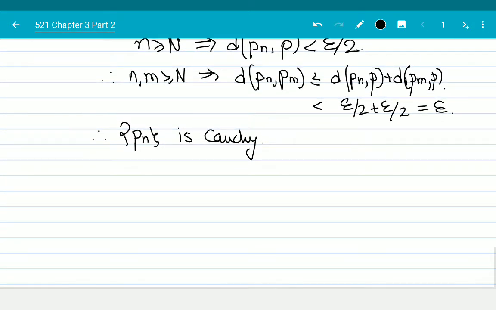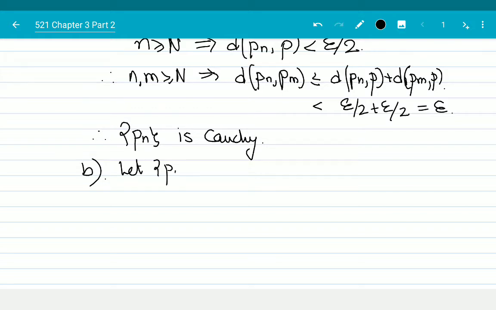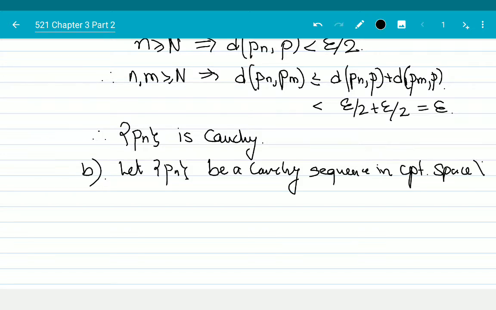Okay, great. We showed that it's Cauchy. Second, suppose it is Cauchy, then we want to show that if my space is compact, then it's convergent. So let Pn be a Cauchy sequence in compact space X. Okay.